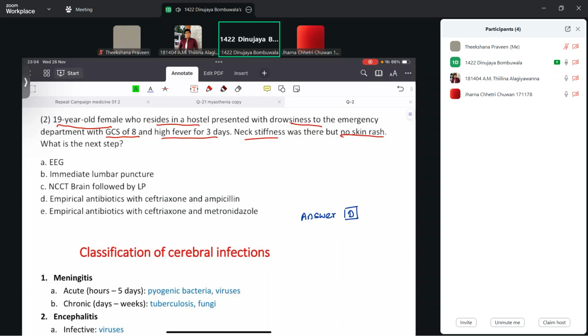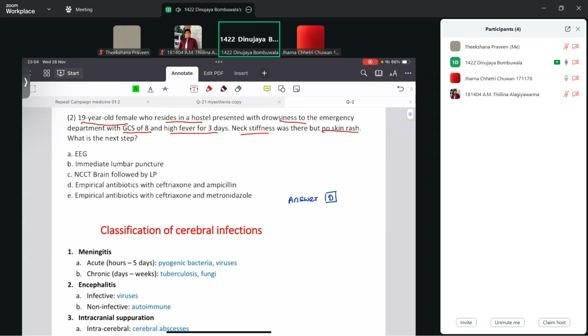So what antibiotics are you going to give? Ceftriaxone and metronidazole? Metronidazole we don't give now. Then ampicillin, yes, ampicillin covers listeria.